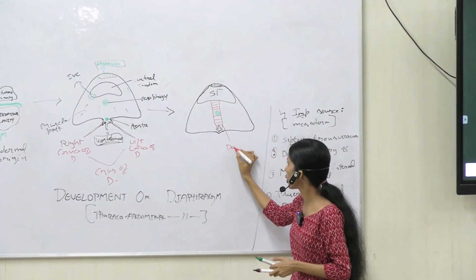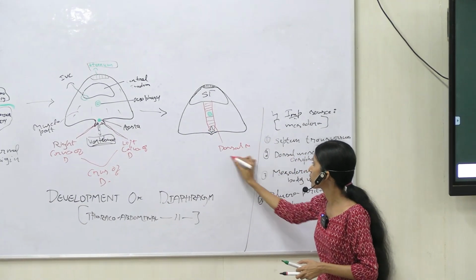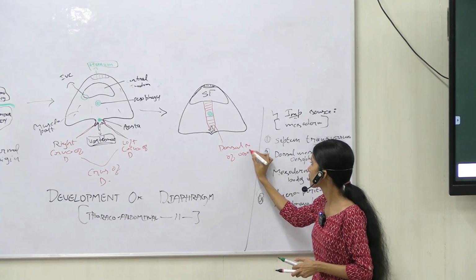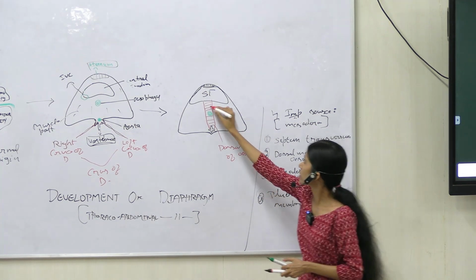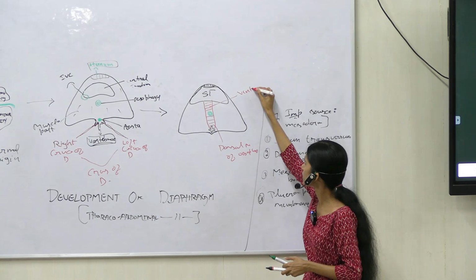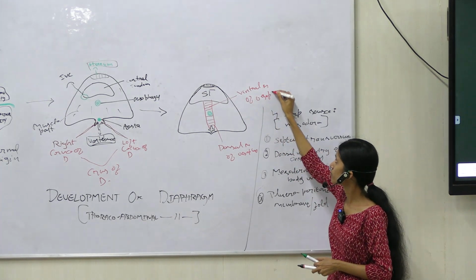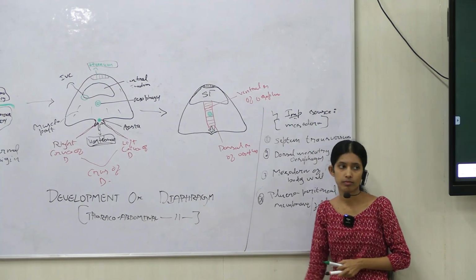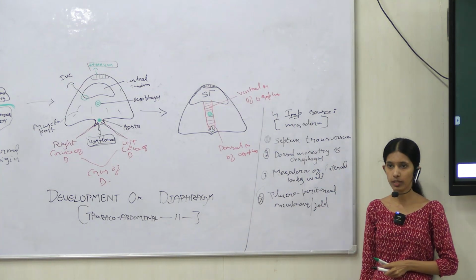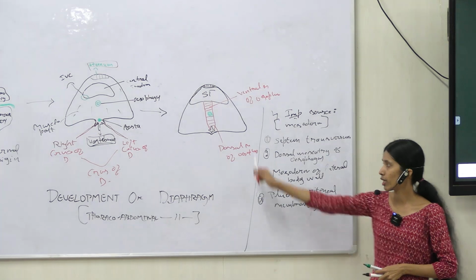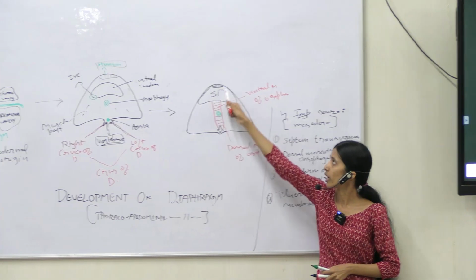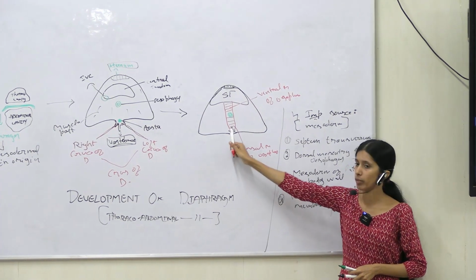This is called dorsal mesentery of esophagus, and this is called ventral mesentery of esophagus. Is it clear? In the developing diaphragm, we have sternum and vertebrae.